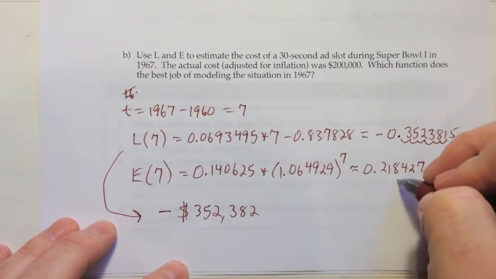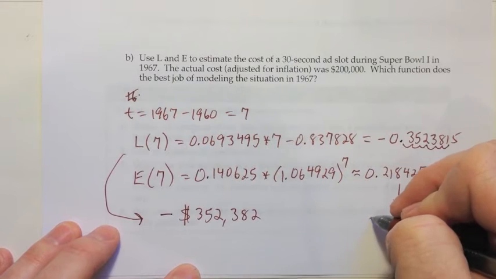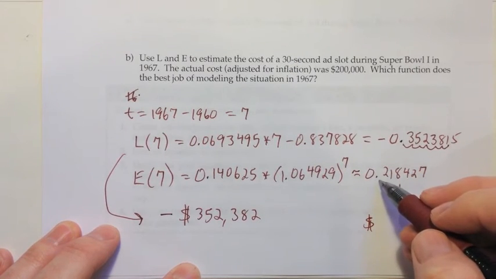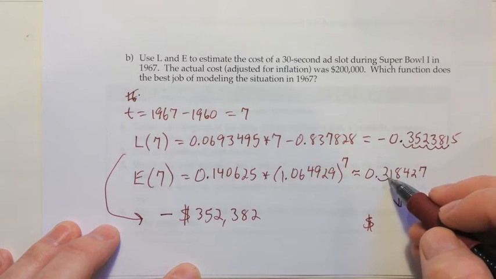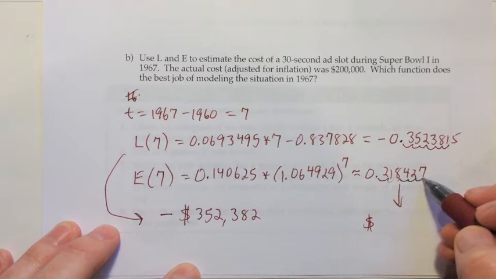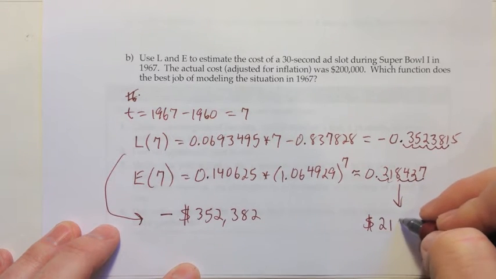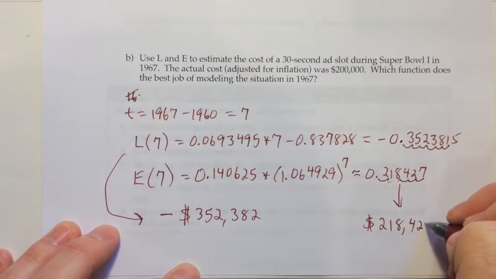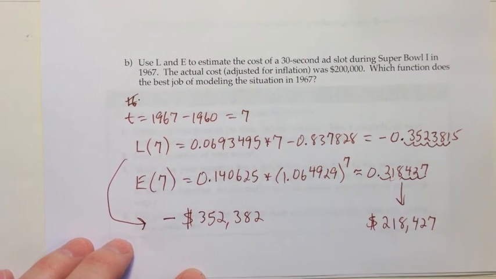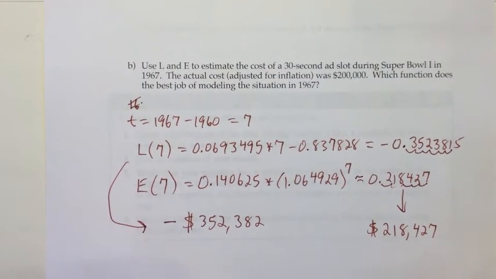And for the exponential one, you move the decimal over 6 spots when you multiply by a million, so 1, 2, 3, 4, 5, 6. That's going to be $218,427.